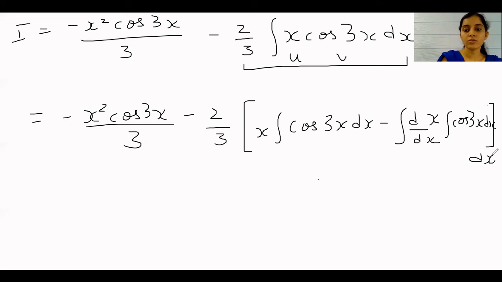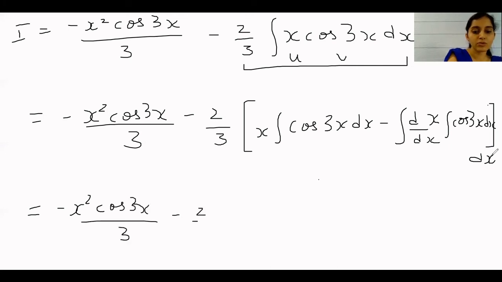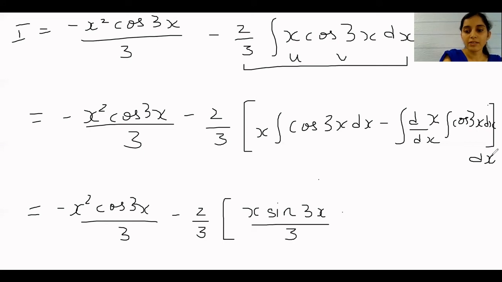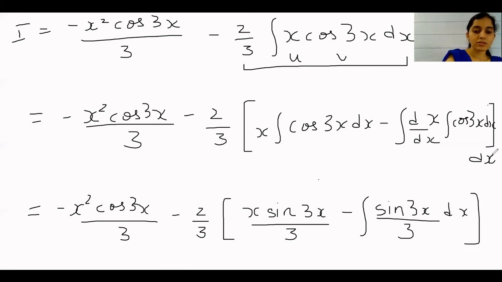Now what we'll do is finish the second integration. So x square cos 3x upon 3, minus 2 upon 3 as it is. Integration of x cos 3x is x sin 3x upon 3, minus derivative of x is 1, integration of cos 3x is sin 3x upon 3 dx. Let us continue with this.